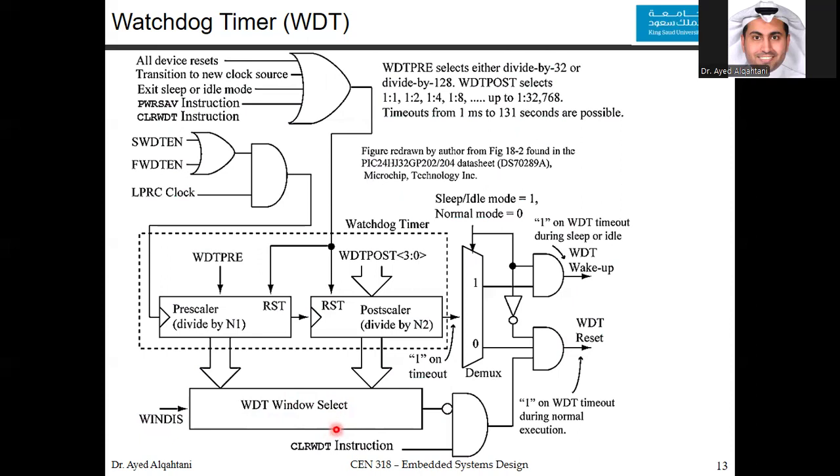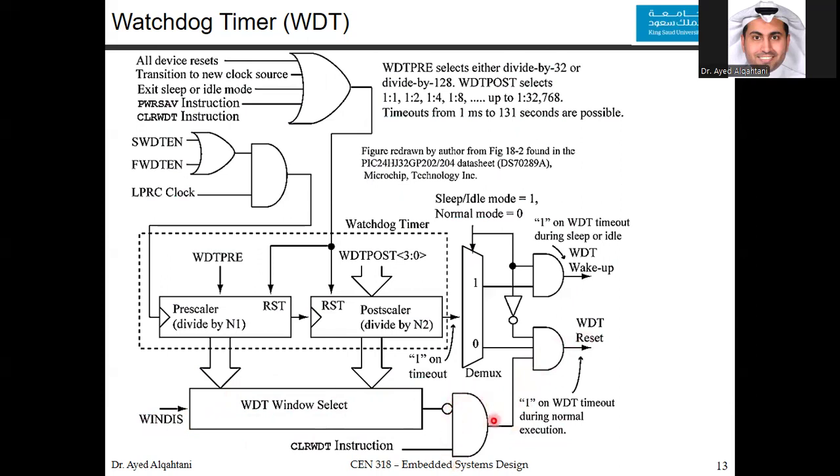This places both minimum and maximum bounds when timing an operation, and thus provides a processor reset in the case that an event requires too little time or too much time. So that's in case you activate the window mode. If you didn't activate the window mode, then this line will always be 1 and it will work normally.